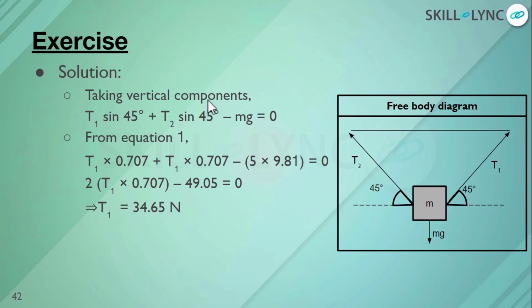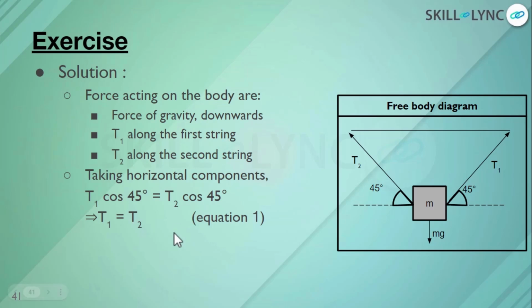Also, in the vertical direction there is the force due to gravity, mg, acting in the downward direction. Therefore, a negative sign is added. Taking the total vertical components, we can write T1 sin 45 degrees plus T2 sin 45 degrees minus mg equals 0.